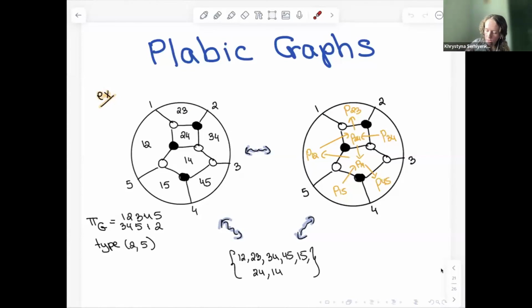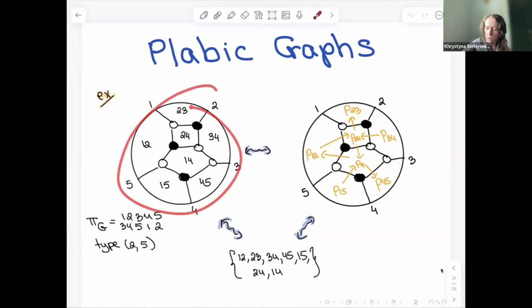You can forget about the quiver and just think about the phase labels. And so this gives you a maximal weakly separated collection of 2-element subsets for a 5-element set, so in 5 choose 2. Yeah, we are of type 2,5 here. And already from here you can recover the quiver as well.